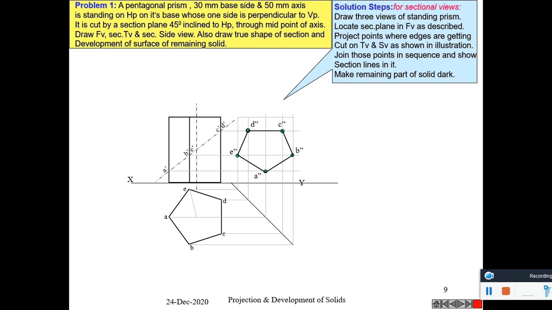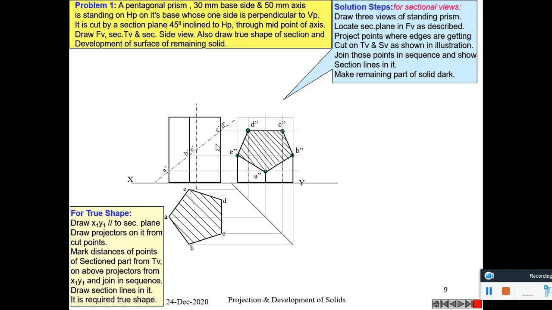Complete it using straight lines. The bottom portion is drawn like this. This portion is hatched. Similarly, the top portion is also hatched.